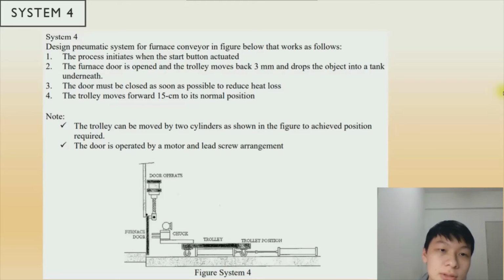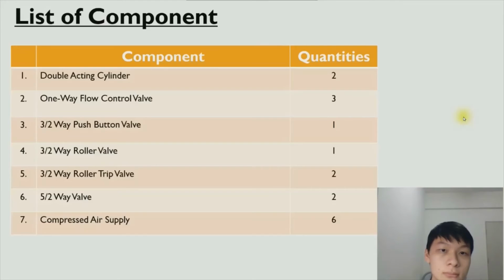The door must be closed as soon as possible to reduce heat loss. 4. The trolley moves forward 15 cm to its normal position. Note that the trolley can be moved by two cylinders as shown in the figure to achieve the position required. The door is operated by a motor and lead screw arrangement.